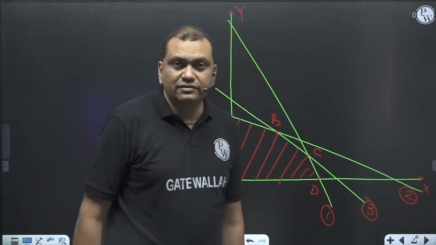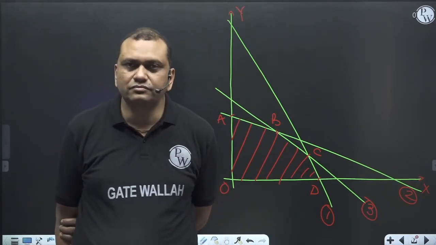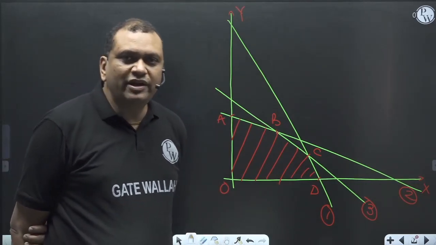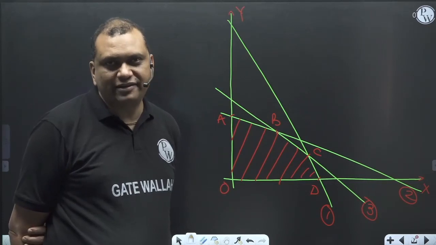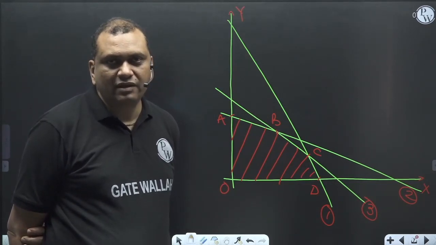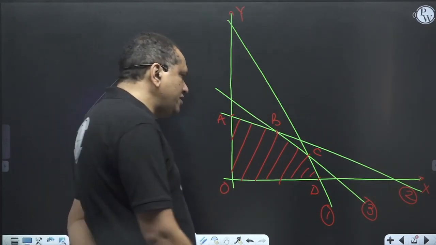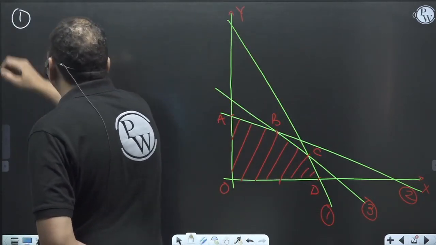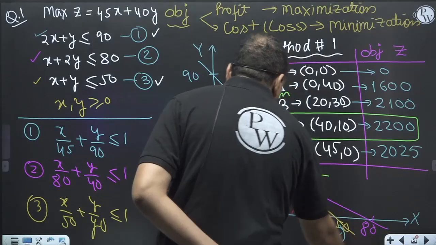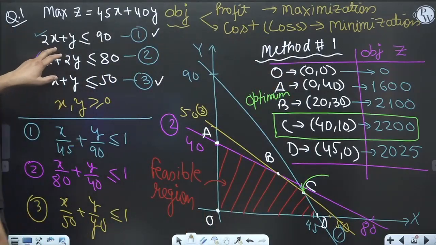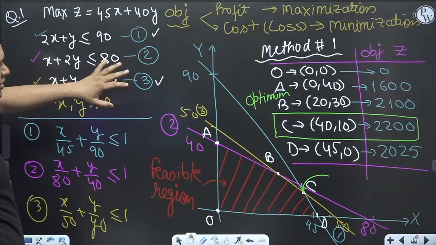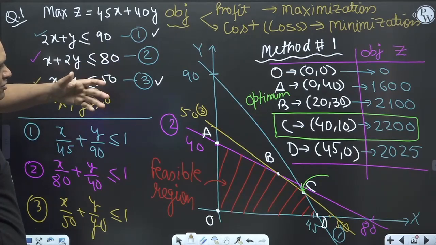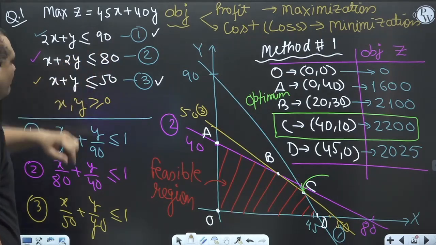Do one thing. Calculate the slope of each constraint. So the first constraint is 2x plus y is equal to 90. I don't want to do it here, because these notes will go to you, it will be hodgepodge.